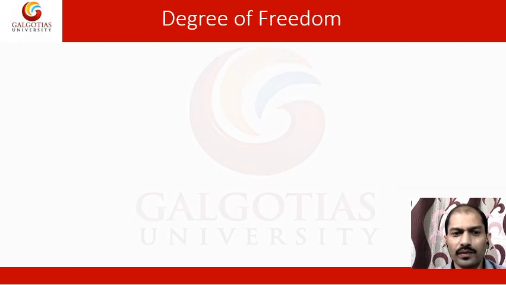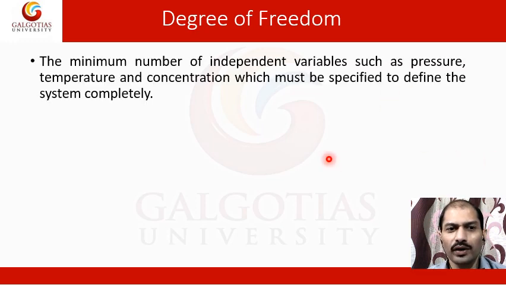Now another term which is also very important here is degree of freedom. It is the minimum number of independent variables, like pressure, temperature, and concentration, which must be specified to define the system completely.